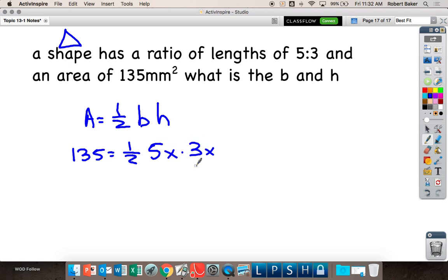No matter what base or what height I use, they will have a 5:3 relationship, 5x and 3x. This is the winning equation here. So it's 1/2 times 5 times 3, but you add x's to the lengths.